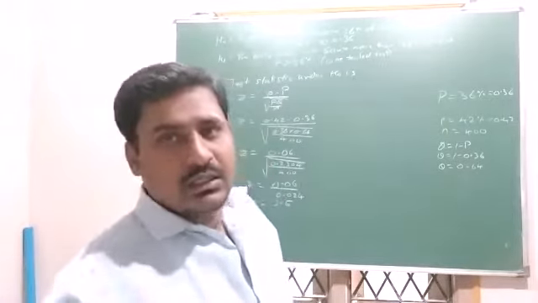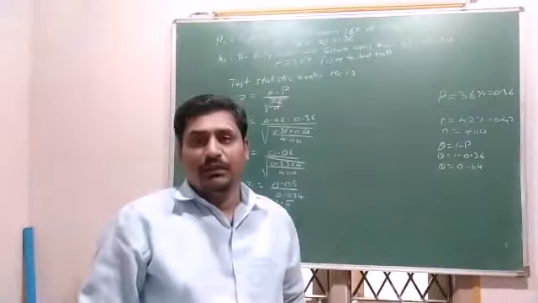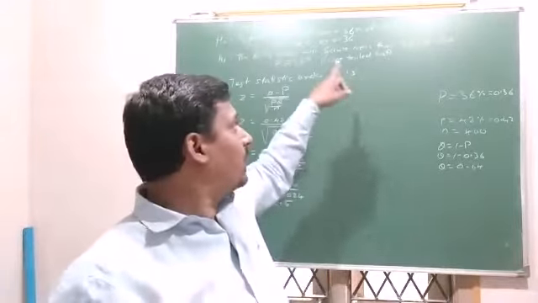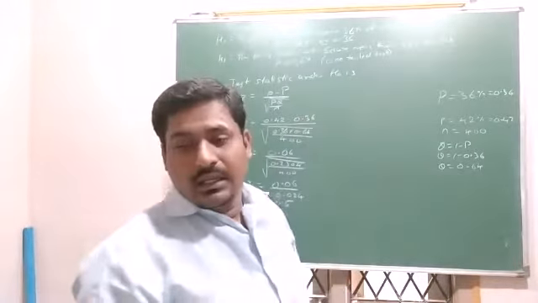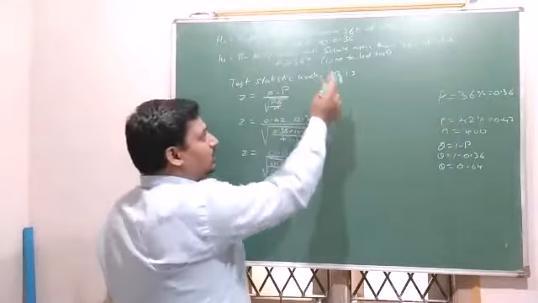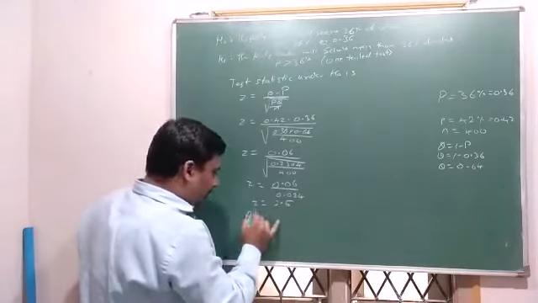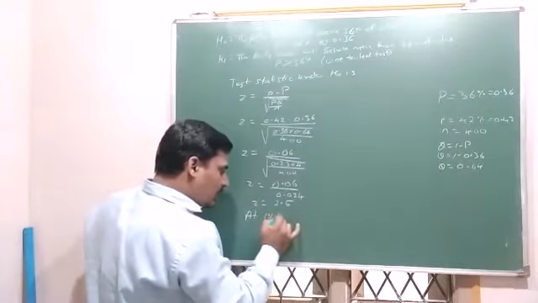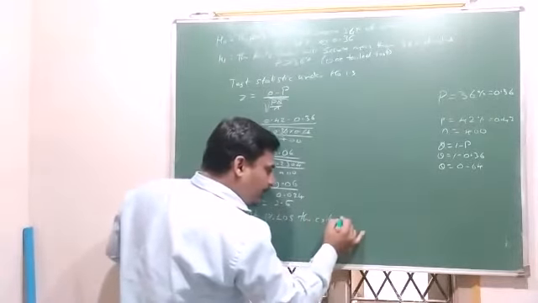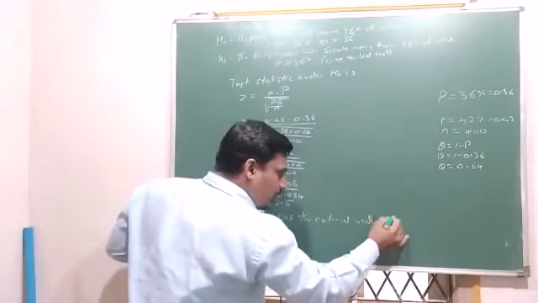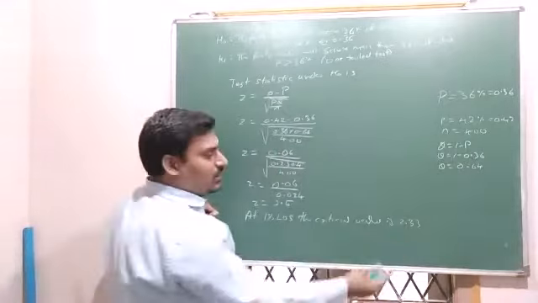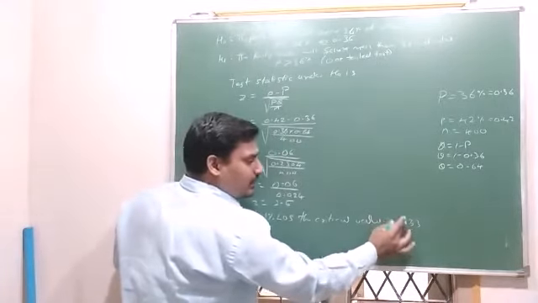Here, at 1% level of significance, the critical value for a one-tailed test is 2.33. Since it is an upper-tailed test, it is plus 2.33.